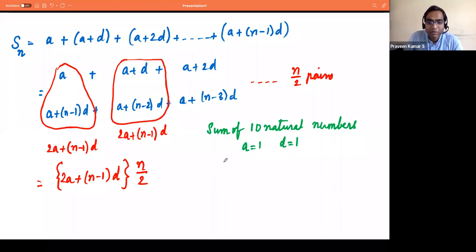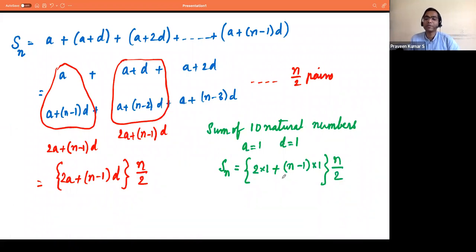So the sum of natural numbers Sn will be 2 into 1 plus (n minus 1) into 1, into n by 2. If you simplify this, you will get 2 plus n minus 1, so you will get n into (n plus 1) by 2.